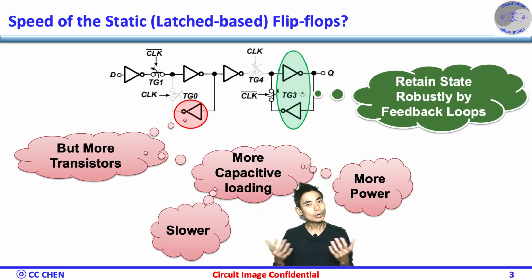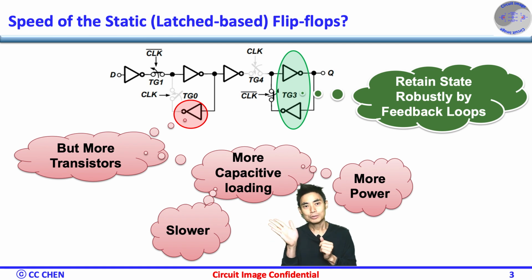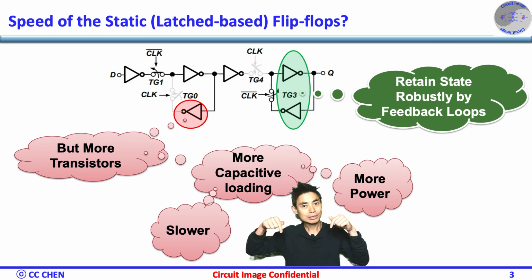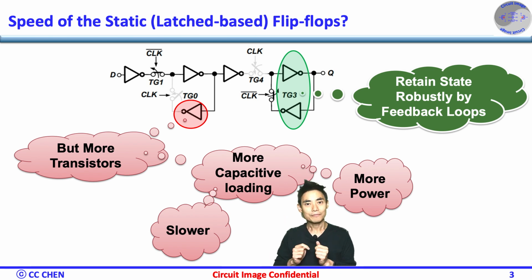Right, we all agreed that the static flip-flops can hold their state robustly by using the feedback loops, which require more transistors. The more transistors will lead to more capacitive loading to slow down the switching speed and increase the CV²f current or power at the same time.